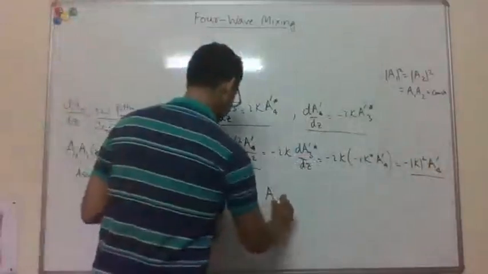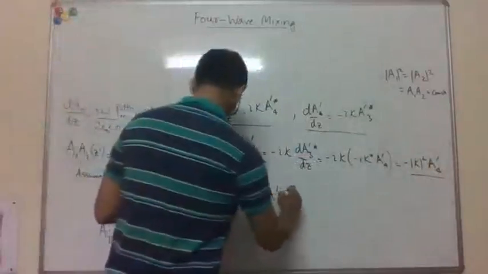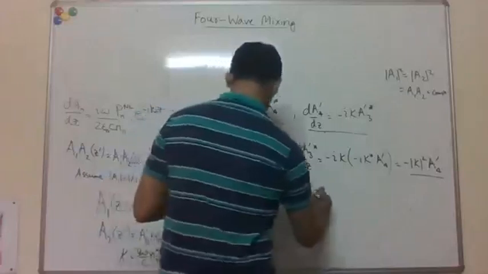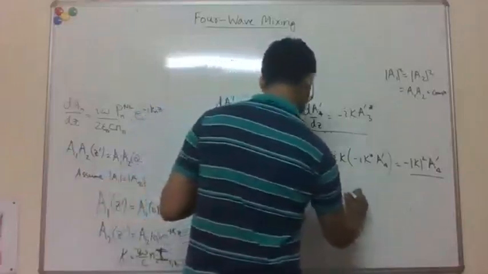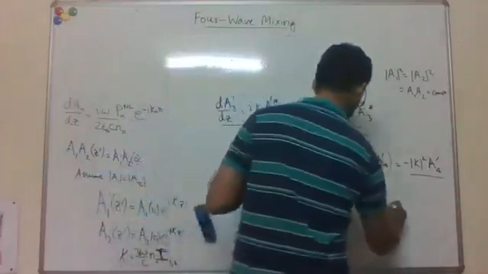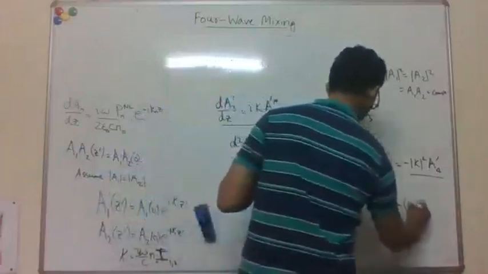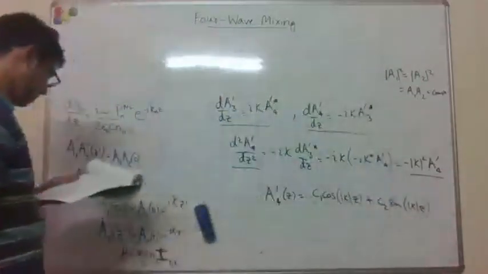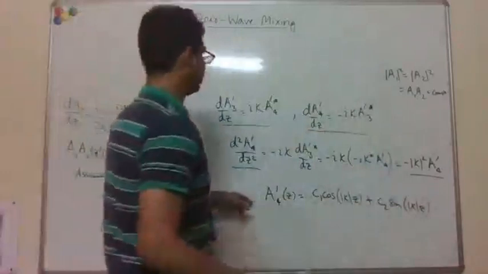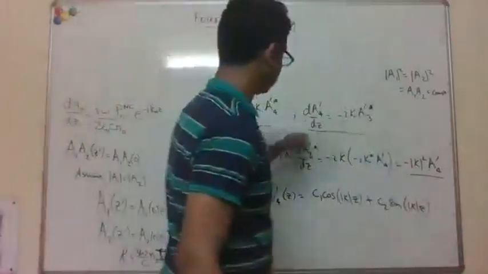So I can write A4 prime, the solution, as C1 cosine of mod kappa z plus C2 sine, right, and then A3 I can get from dA4 by dz.